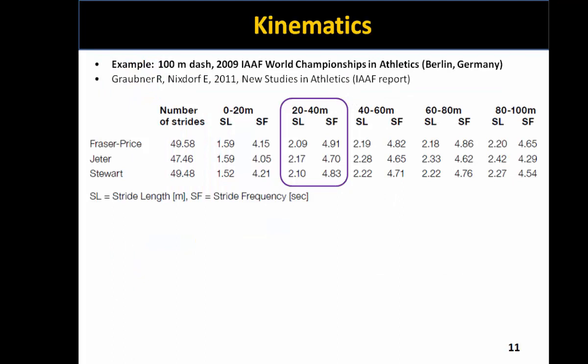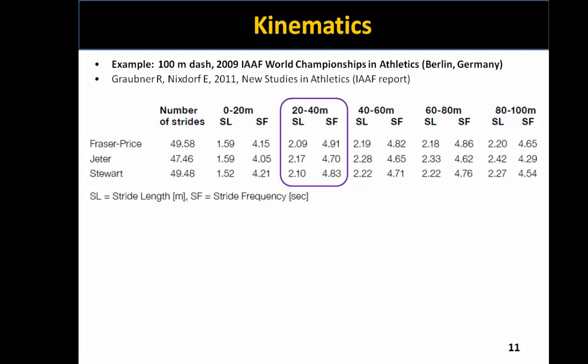If we examine those two separate variables, where SL is stride length, SF is stride frequency, which is a commonly interchangeable term with stride rate, these data were obtained from the results of the 2009 Athletics World Championships, subsequently published in the association report in 2011.